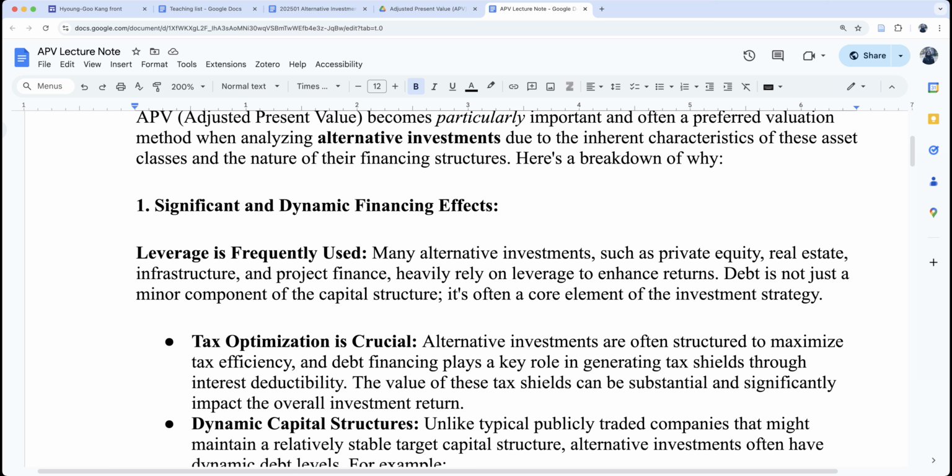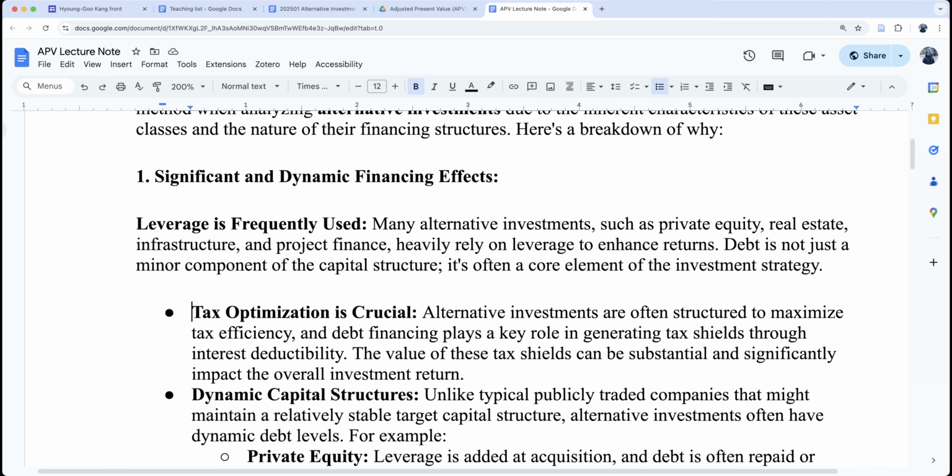Although I met many people in the alternative sector who have no idea about APV, you have to know this. It is actually very important. It is not just a minor component of the capital structure. It is often a core element of investment strategy, the very way of creating value. So that's why it is important to use APV.